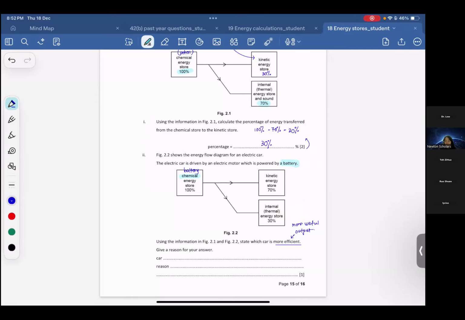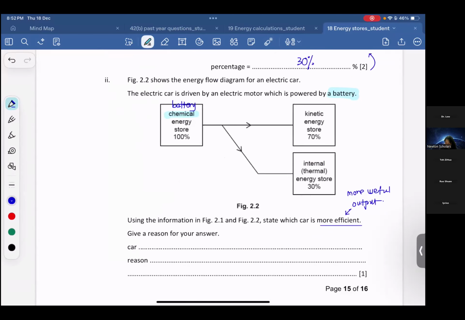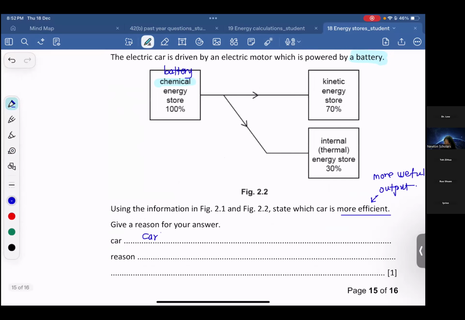So we try here. The car in figure 2.2, which is using the battery one.